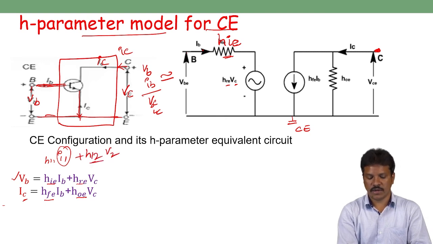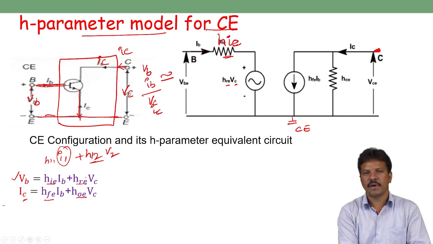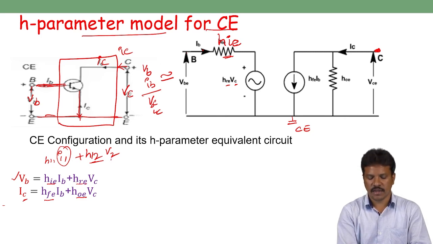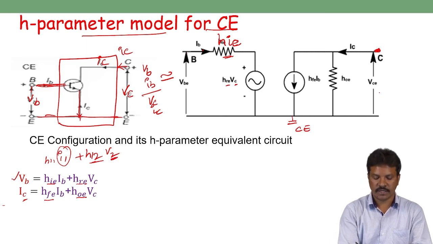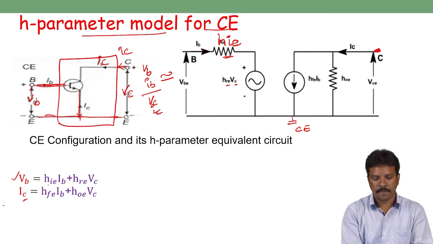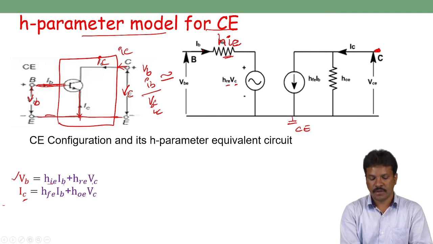H12 is reverse voltage gain, HRE is the common emitter configuration reverse voltage gain, multiplied by V2, here the output voltage, nothing but collector voltage. In this way we can represent VB is equal to HIE IB plus HRE VC.